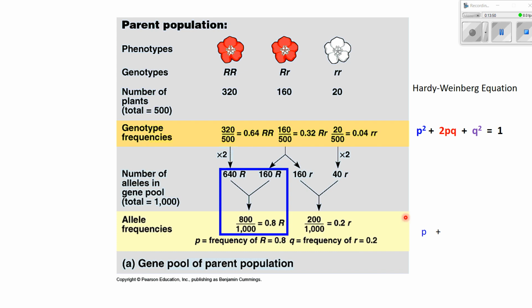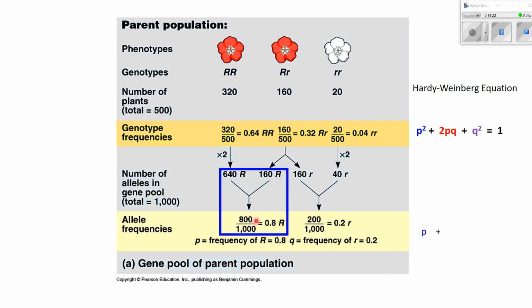So if I want to know the value of P, the frequency of the dominant allele, well, let's think about it. There's 320 of these homozygous dominant plants. They each have 2 dominant alleles, so that's 640 copies of big R. There's 160 heterozygous plants. They each have 1 copy of big R. So that's 160 big R's plus 640 big R's.